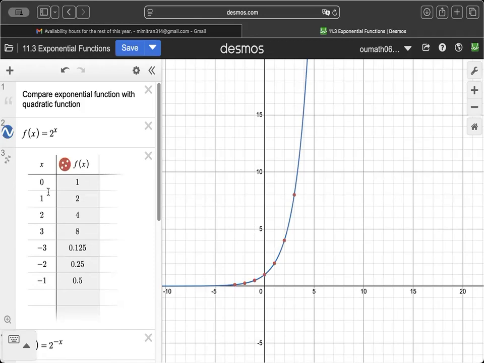The one that I want to focus on here is when x equals 0, y is 1. Because this is where everything starts. We're going to start at this point and move the graph. We don't start at 0, 0 like in a quadratic function. We start at 0, 1 in the exponential function.